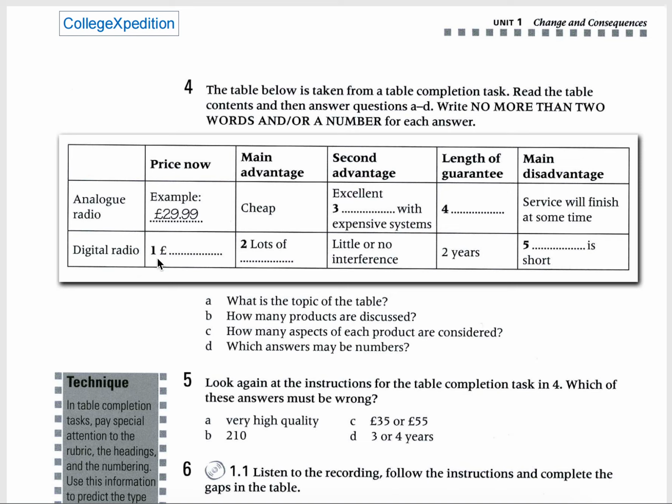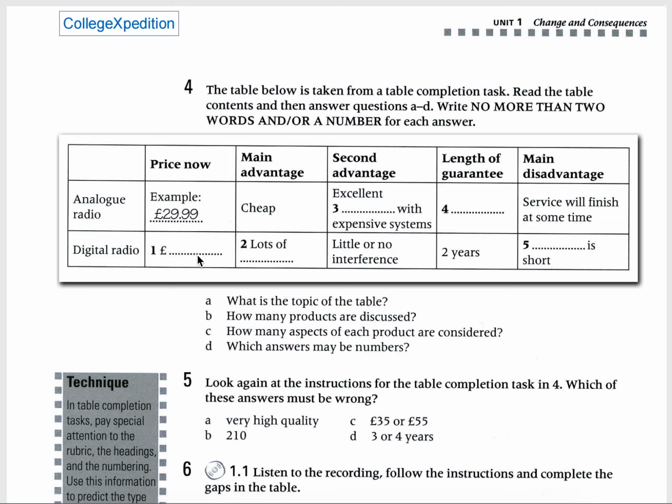So it's the pound sterling, and this also works as a keyword for us. So we know that the audio that's going to come is going to talk about two things: analog radio and digital radio. But for the first question, you are expecting the numbers.